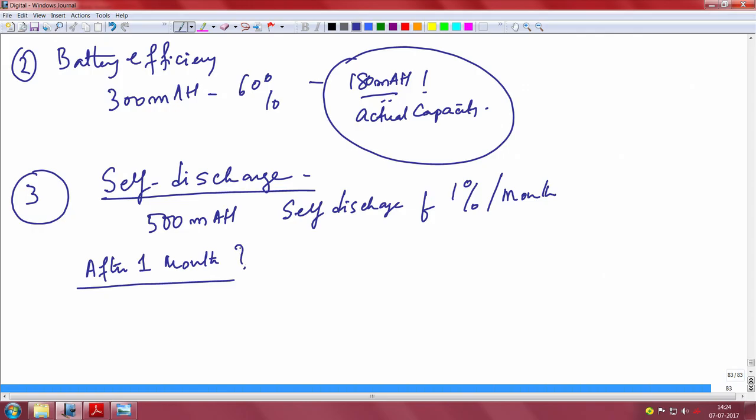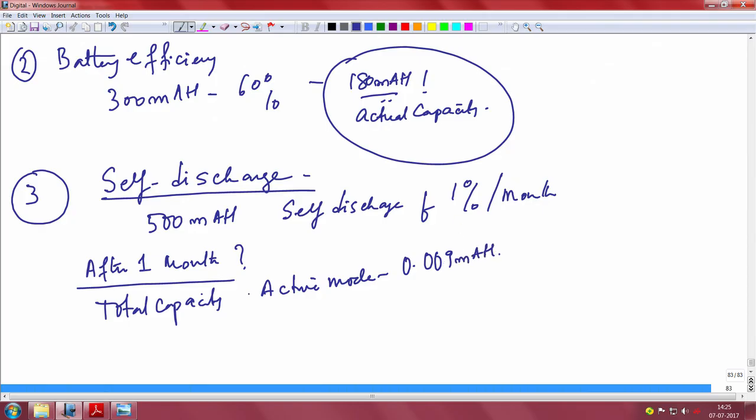After 1 month, the total capacity used by the device during the active mode and sleep mode will be, for active mode, total capacity is 0.009 milliampere hour.